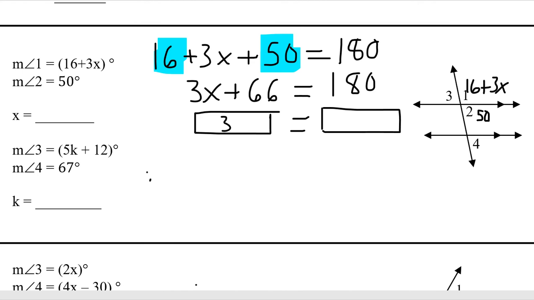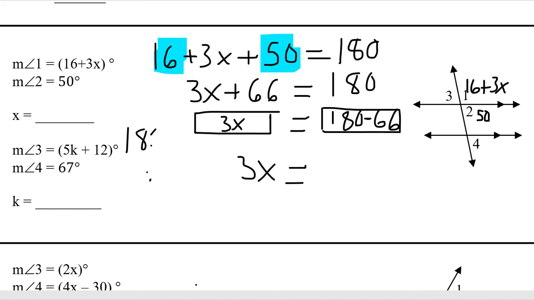Since I have integers on both sides of the equal sign, I like doing the boxes. I'm going to leave 3x on the left-hand side and 180 on the right-hand side. But since 66 is on the left and I have to combine it with my other integer, I'm going to change the side and change the sign. It's going to be minus 66. So this is 3x is equal to 180 minus 66.